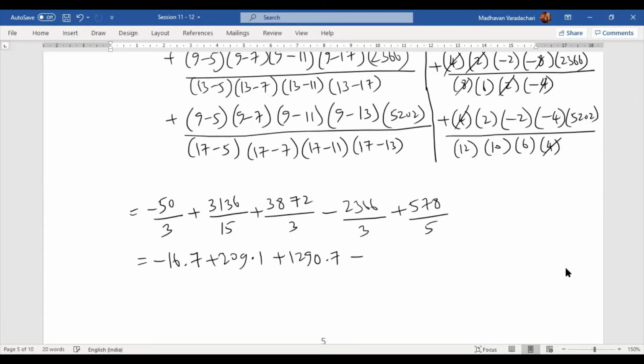Minus 2366 divided by 3, we get 788.7. This 578 divided by 5, we get 115.6. So 115.6 minus 788.7 plus 1290.7 plus 209.1 minus 16.7. We get 810. That is our f of 9.